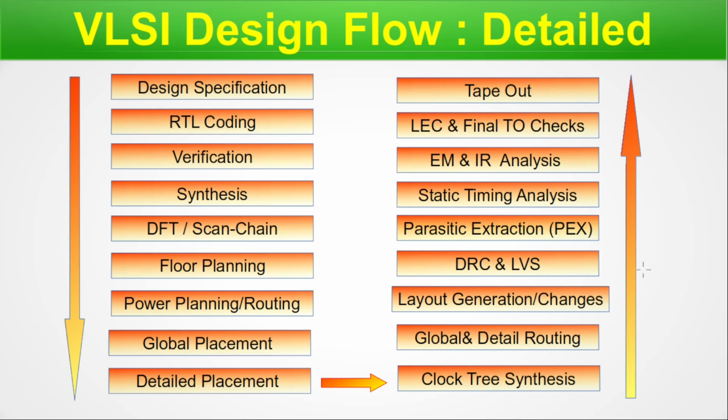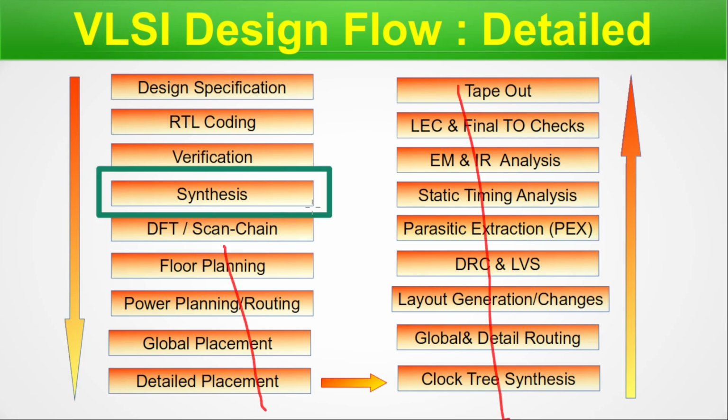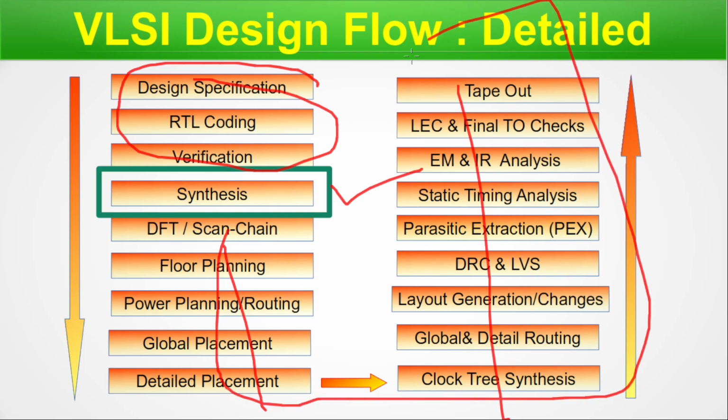In our series on synthesis, we will be focusing on this particular step and we will not go any further down, so we are not talking about all of this. But the importance of synthesis is that we are getting ready with our design. Whatever design we have done in the design and verification steps, we are getting ready to step into the actual fabrication step. That's why synthesis is very important, because from this point onwards we will have the technology node, maybe 5 nanometer, maybe 10 nanometer, maybe 22 nanometer.